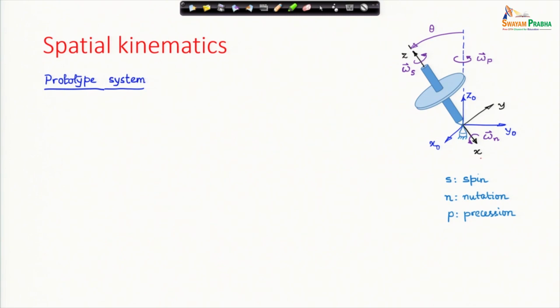Then we had discussed the construction of this x axis as a cross product of z naught and z, and the rotation of the frame about this x axis is the nutational angular velocity, and there is a precessional angular velocity omega p which is about the capital Z naught.